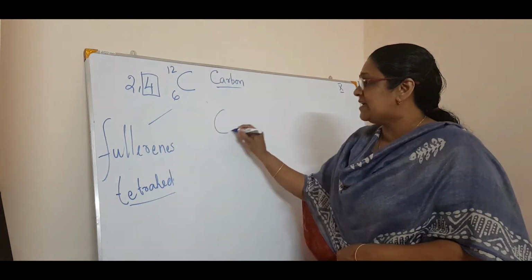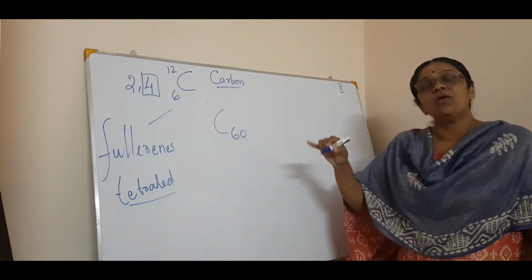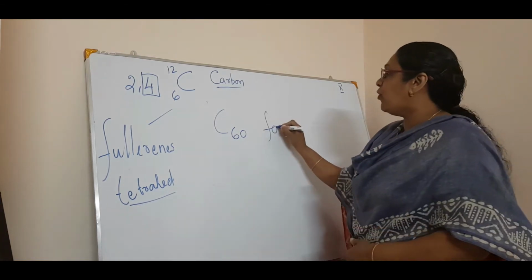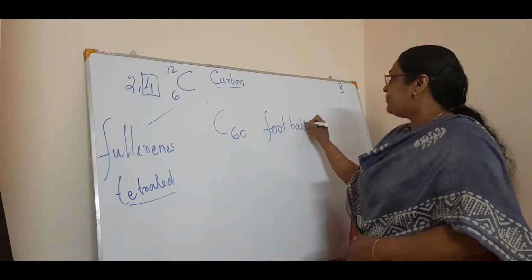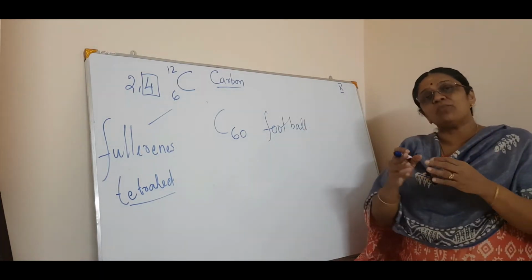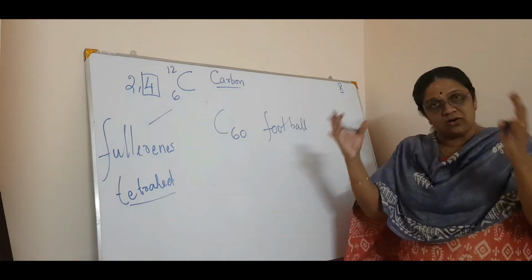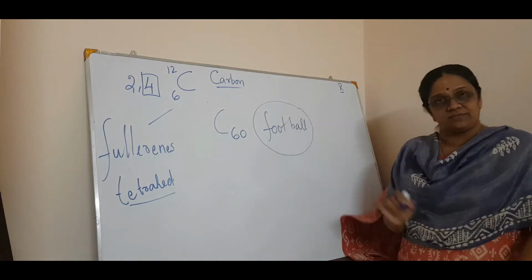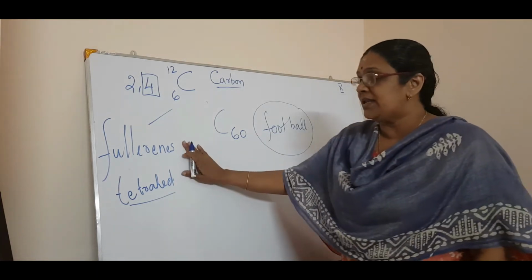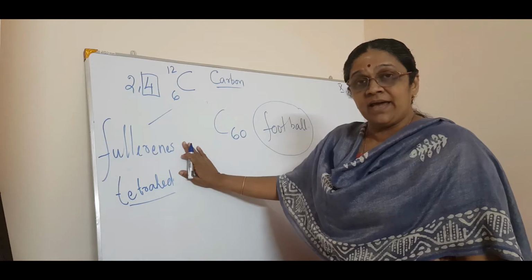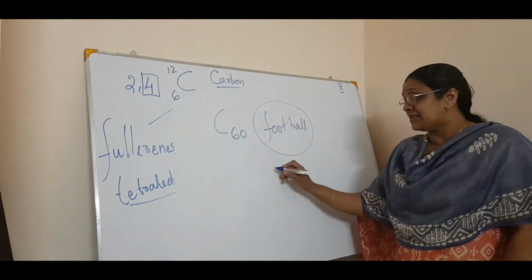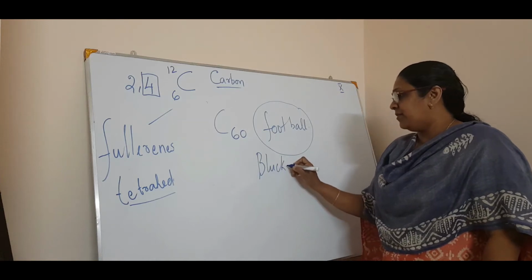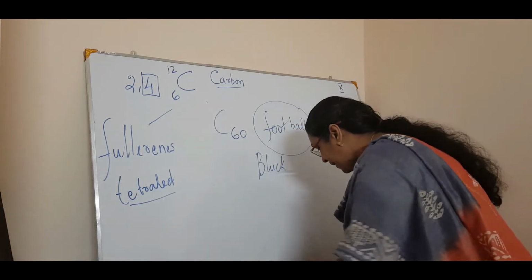There are 60 or more carbon atoms linked together through covalent bonds in the form of a football. And the name it got is from the architect called Buckminster Fuller.